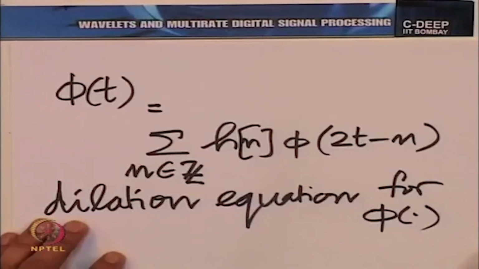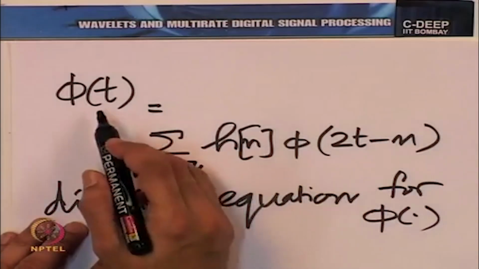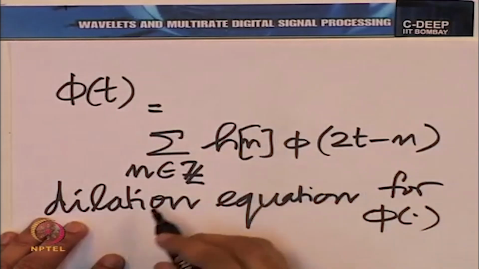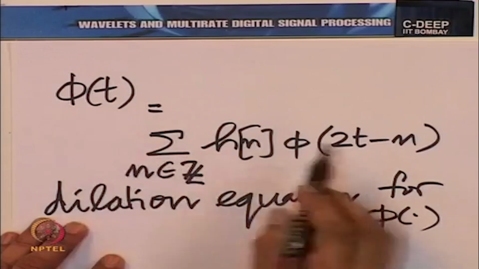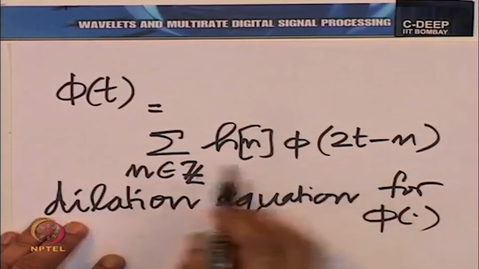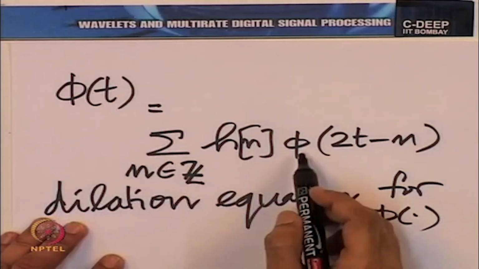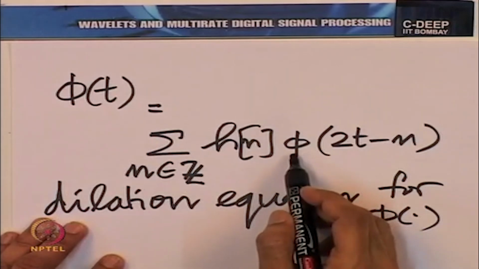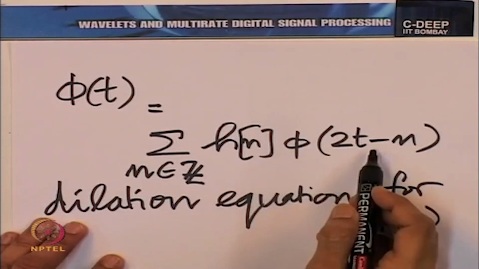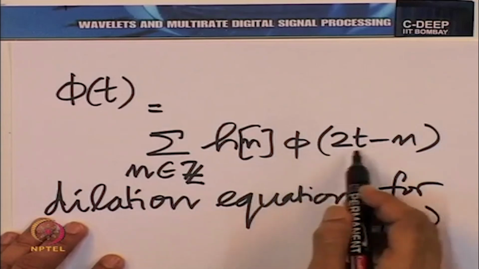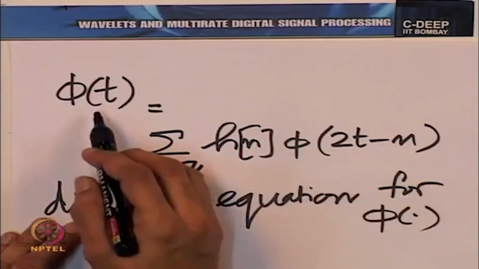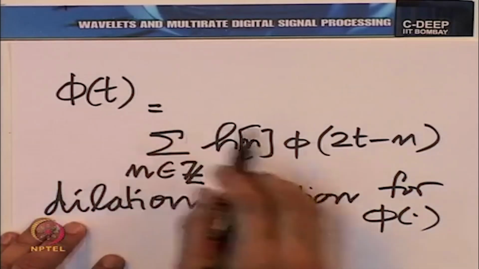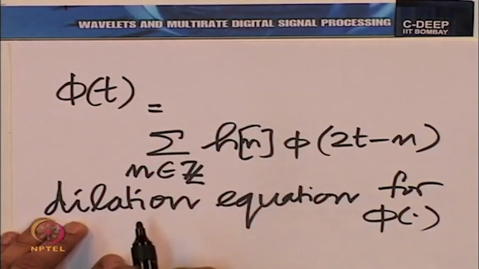So, let us recapitulate the two equations we have written. We have this dilation equation relating phi t to its own dilates and translates. What we shall do in the next lecture is to take the Fourier transform on both sides, and noting that we can express the Fourier transform of phi 2 t minus n in terms of that of phi t, we shall have a recursive equation in the Fourier domain on the Fourier transform of phi.